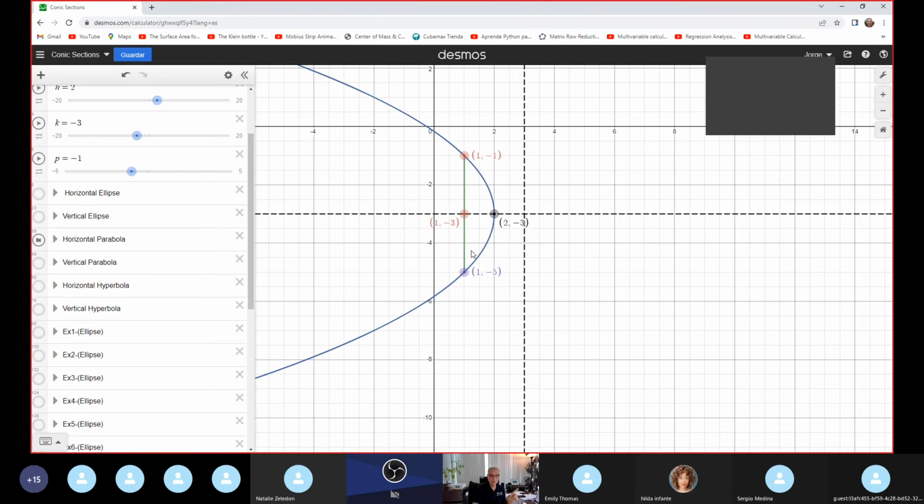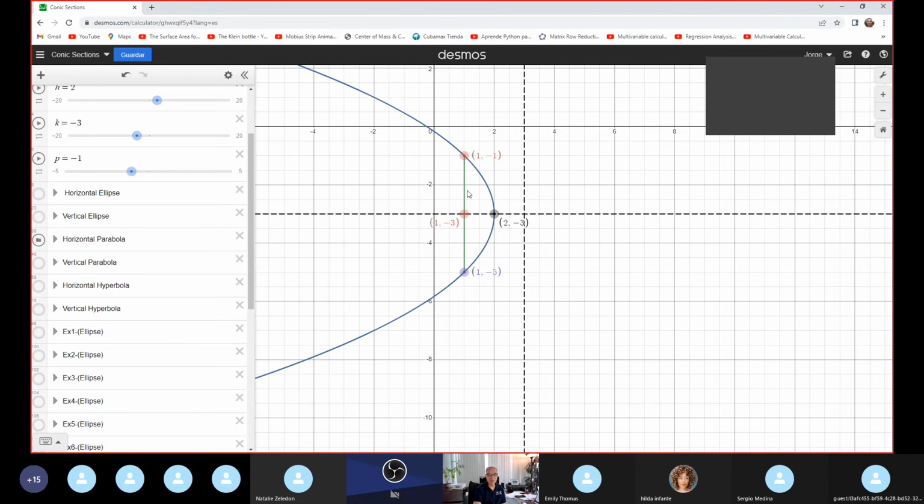P to the left, so 2 minus 1 is 1. And -3 stays because the motion is horizontal. And this guy is 2p, and 2p in this direction. So -3 plus 2 is -1, and -3 minus 2 is -5.